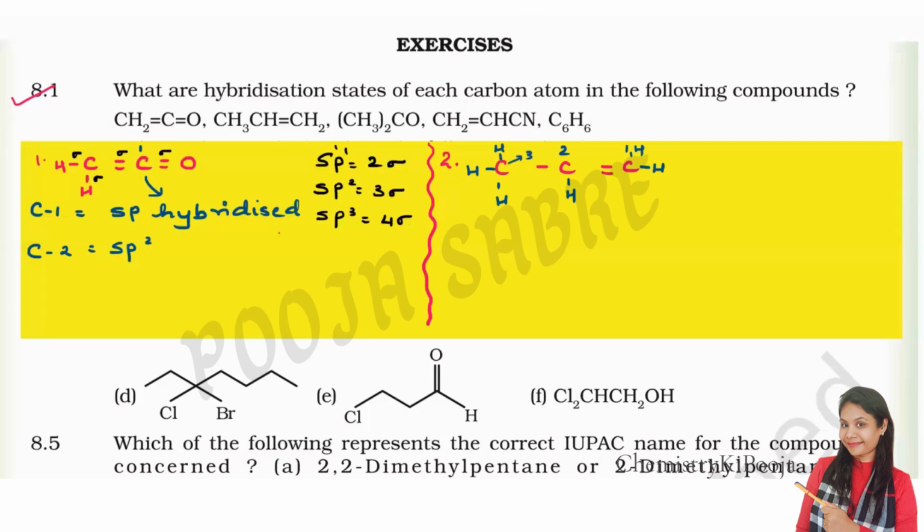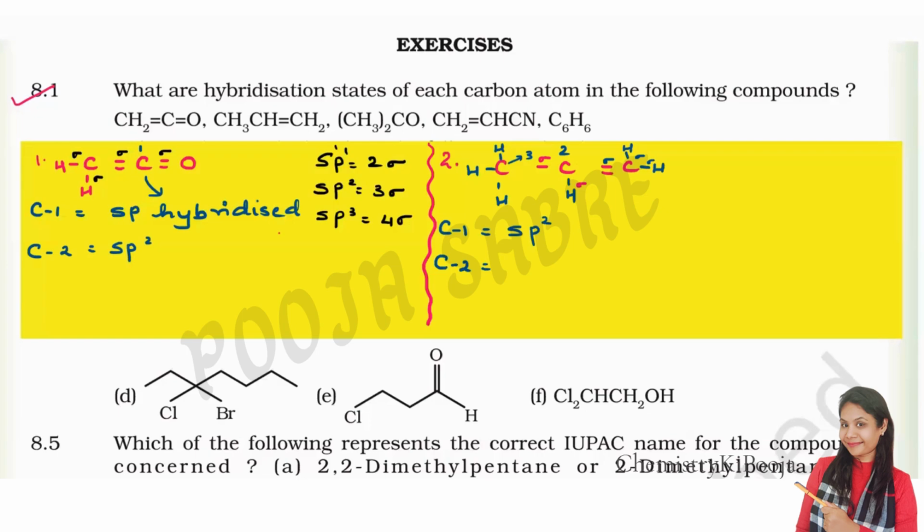If I carefully look at the first carbon atom, C1, how many bonds are present? Sigma bonds 1, 2 and 3, so this is sp2 hybridized. Let us talk about C2 now. C2 already has 1 on the right hand side, this is 2 and 3.